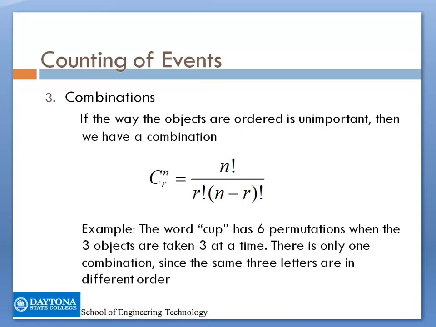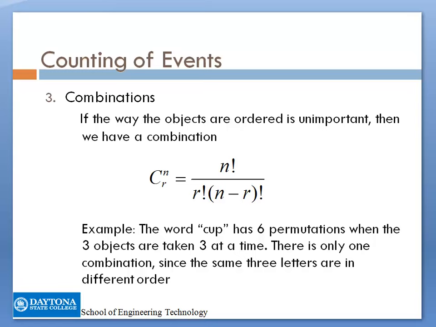Combination is another counting of events rule, and this is when the way that the objects are ordered is unimportant. The number of combinations of n objects taken r at a time is equal to n factorial, which is the total number of objects, divided by r factorial, which is the number of objects selected out of the total number, times n minus r factorial.